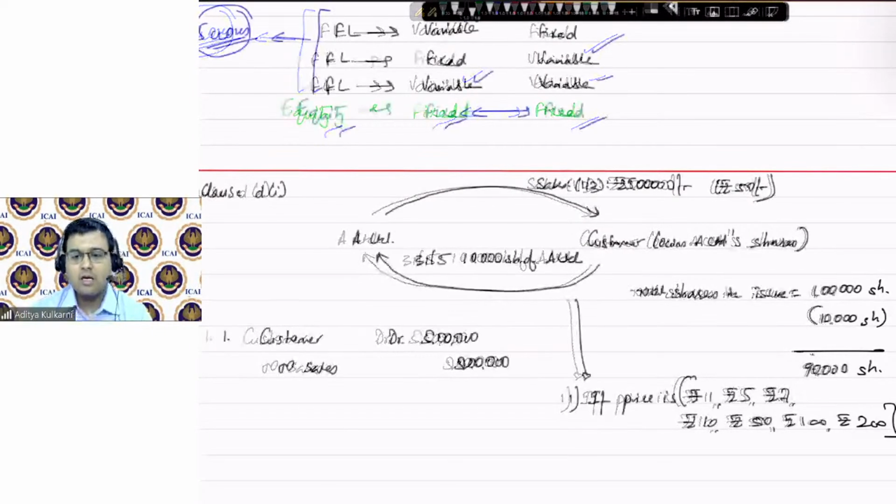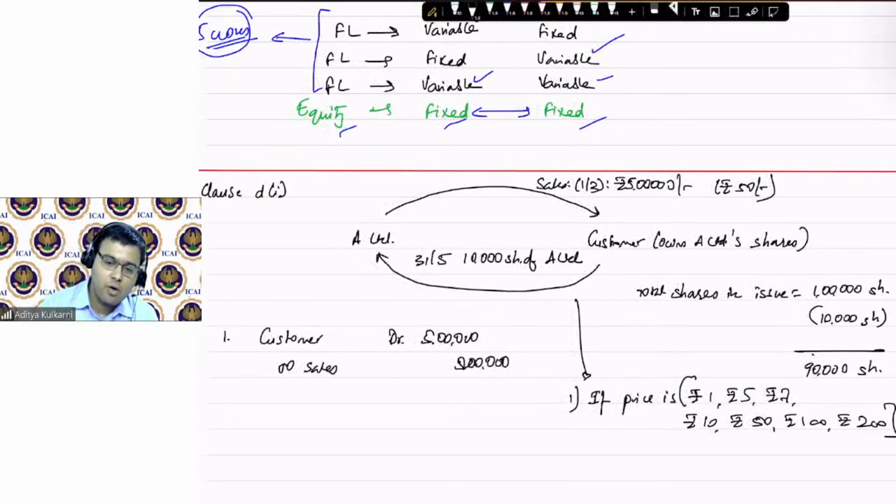This 10,000 shares is going to be delivered regardless of the price. That means price could be 1 rupee, 2 rupees, 5, 10, 15, 20, 100, 200. Whatever it is, it makes no difference. 10,000 shares will go to A Limited.